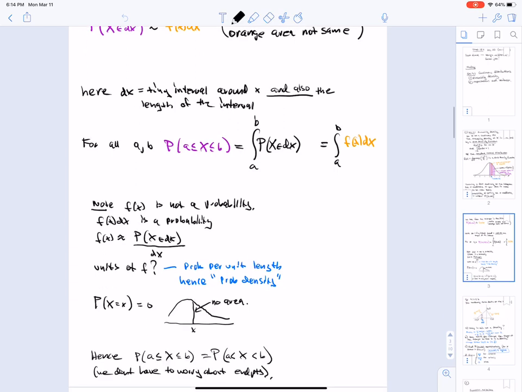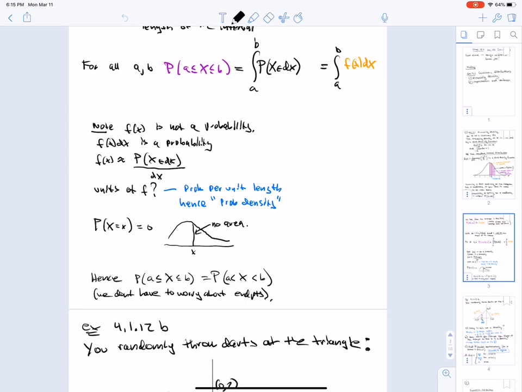And another thing to note is that the probability that x is any particular value is 0. You can think that it's highly unlikely that out of a continuum of values you're going to get exactly that one. Or you could think of x equals x as being a rectangle with no width, hence no area.